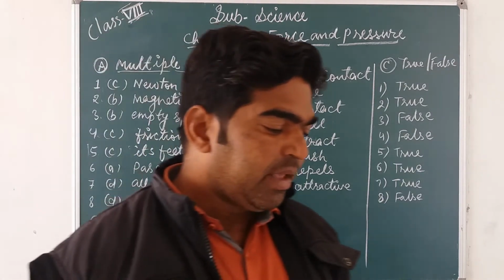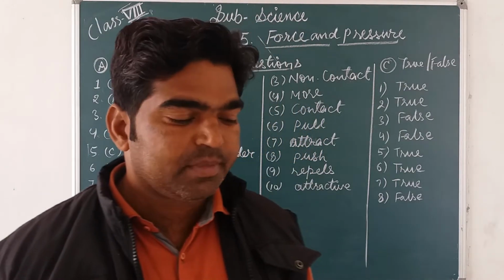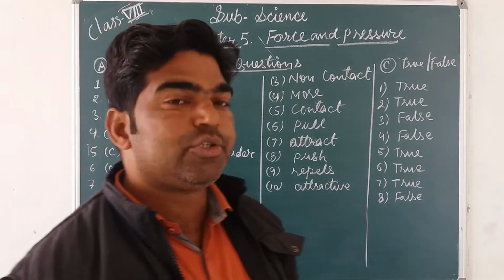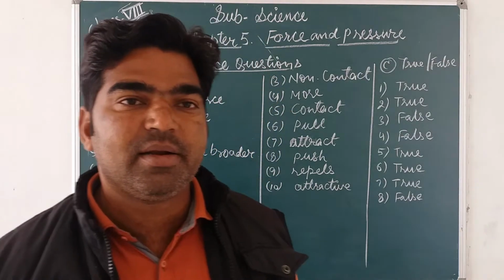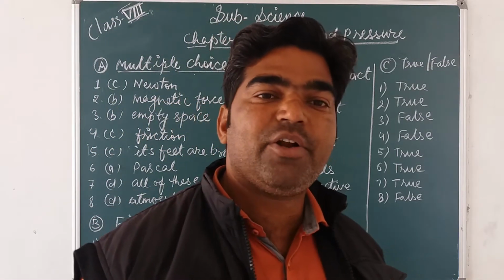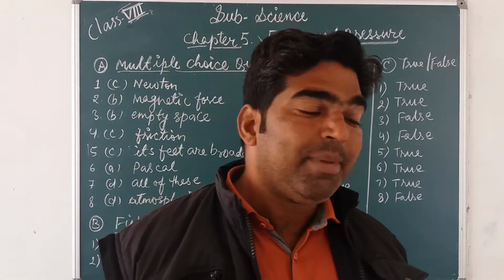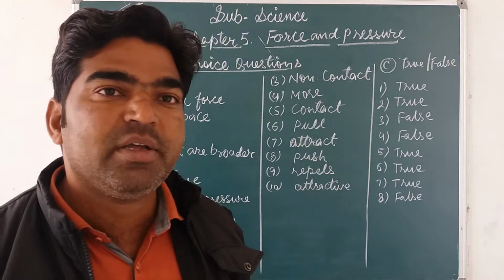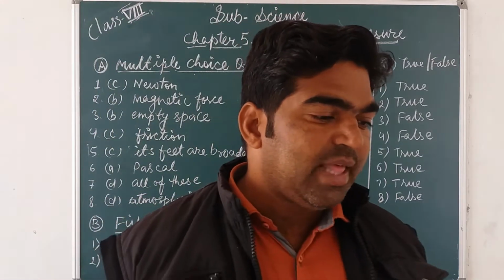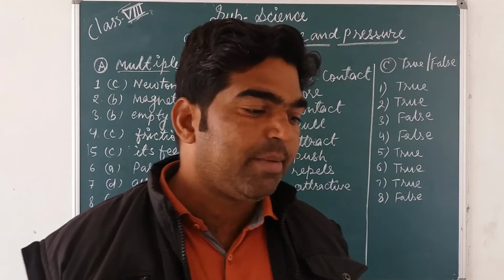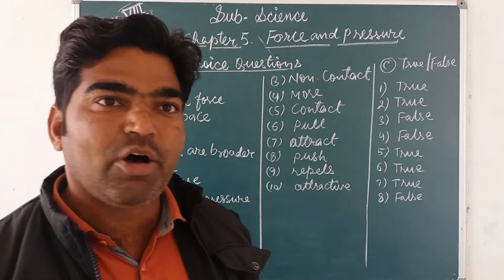First, everybody look at your textbook. I hope you understood this chapter very clearly. If you have any doubt, any questions or queries, you can ask me without any hesitation. But now it is time for the discussion of the exercise of this chapter.